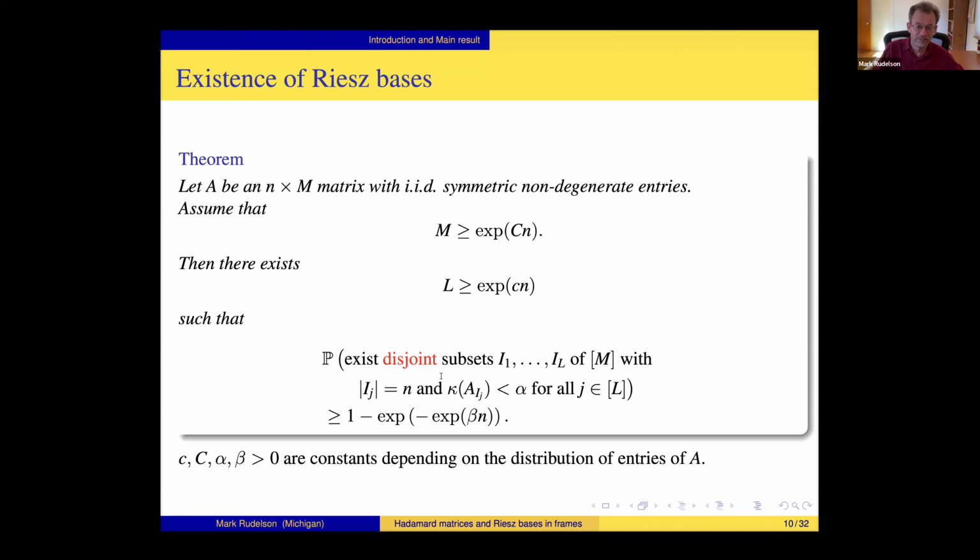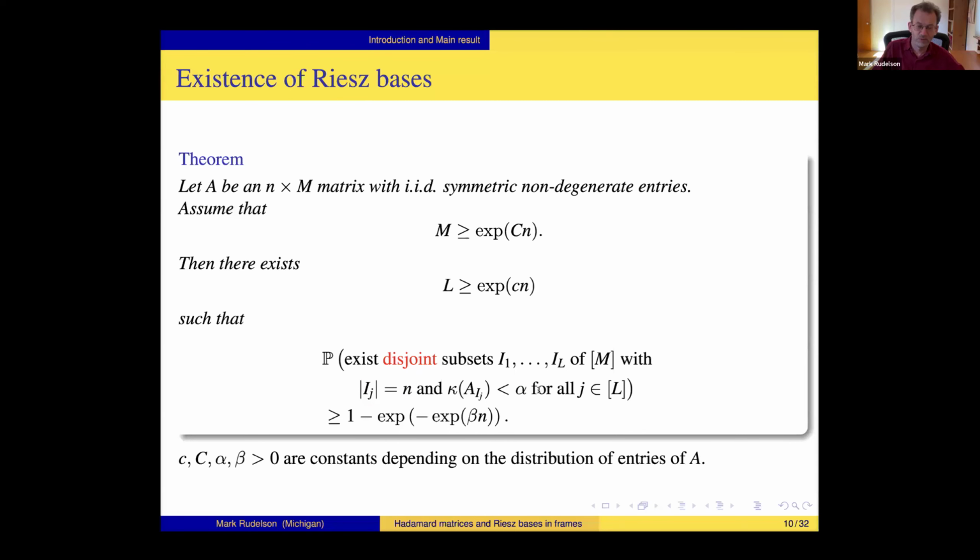disjoint subsets of the set 1, ..., M. So there are disjoint blocks of size n, such that if I create a square matrix with n rows and n columns from each block, then the condition number of this square matrix is going to be bounded for all blocks.